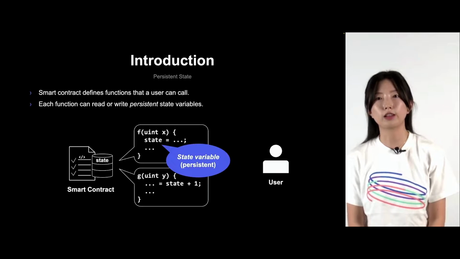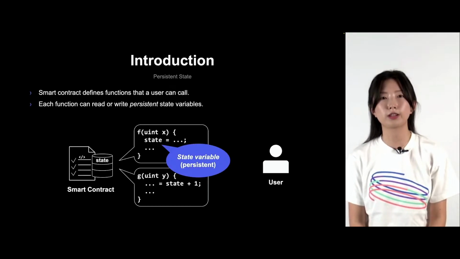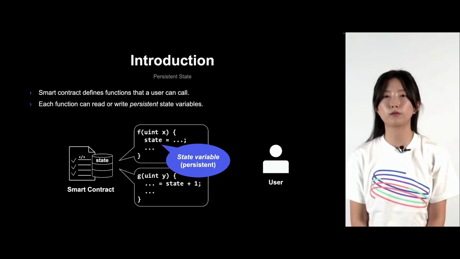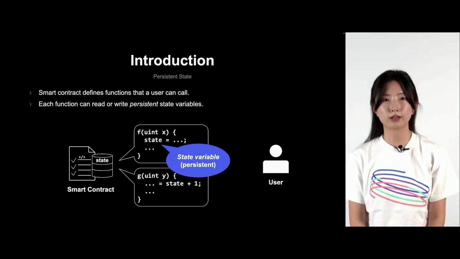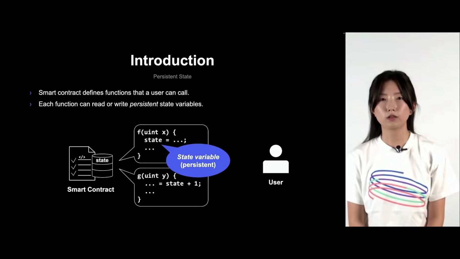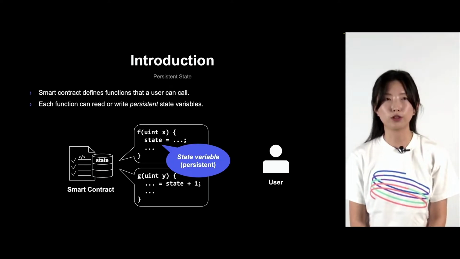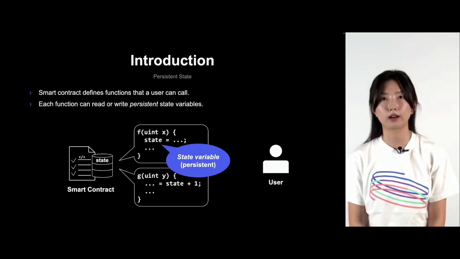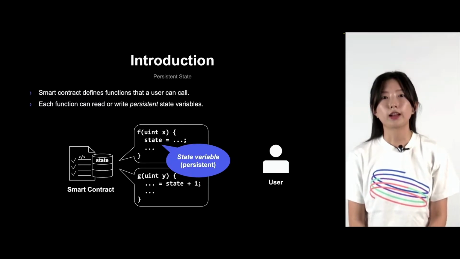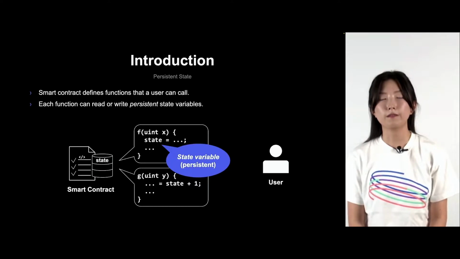Each function can read or write state variables, which are the same concept as global variables. In other words, the variable's value is not volatile, and it continues even after the execution of the function.